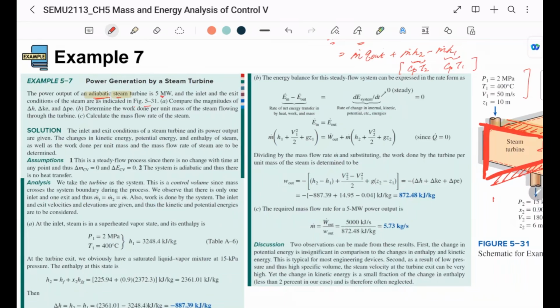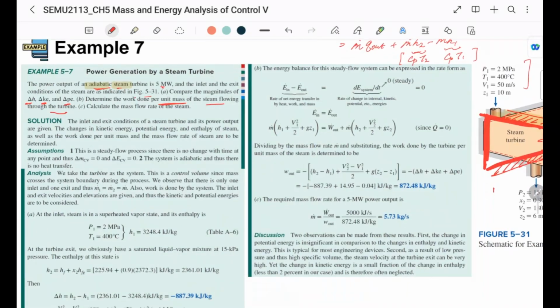The question wants us to compare the magnitude of delta H, delta KE, and delta PE. And then determine the work done per unit mass of the steam flowing through the turbine, which means the work done per unit mass of steam through the turbine.